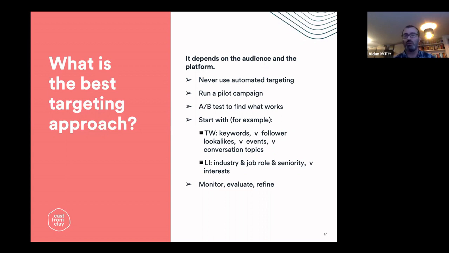If you just Google what the definitions of all of those are, you'll be able to find them. Unfortunately, I don't have time to define each of those right now, but similarly for LinkedIn, maybe start with, say, industry and job role and their seniority, and maybe compare that to targeting according to interests. And basically, as ever, as you do this, monitor, evaluate, and refine.